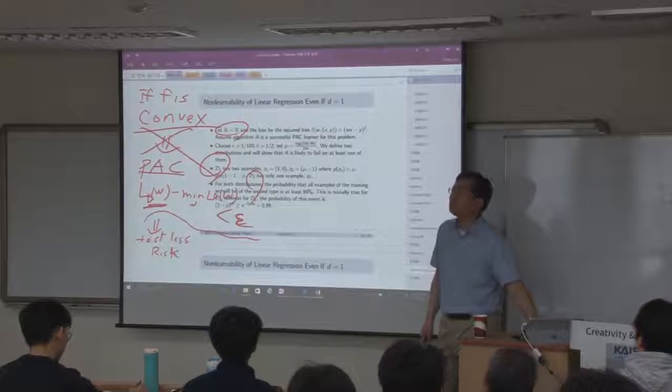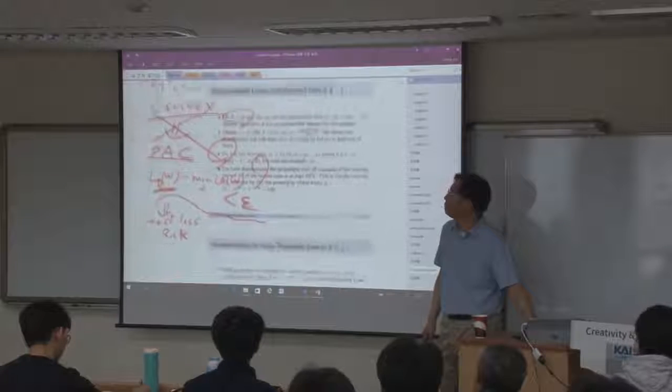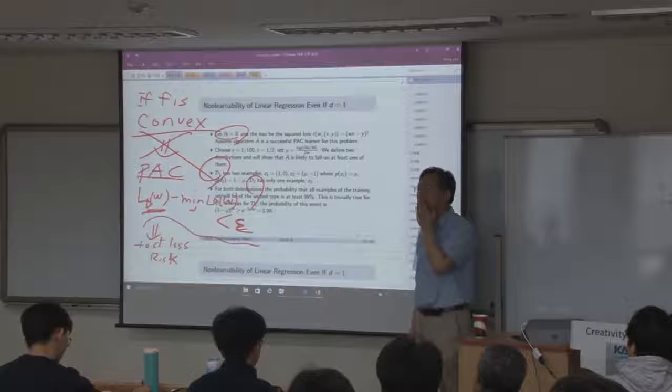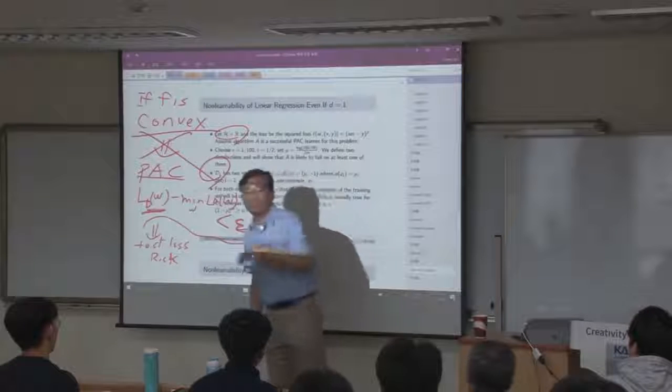How would you fix this so that it's PAC learnable? I'll be talking about this next time. This is slide 57, so rather quick.